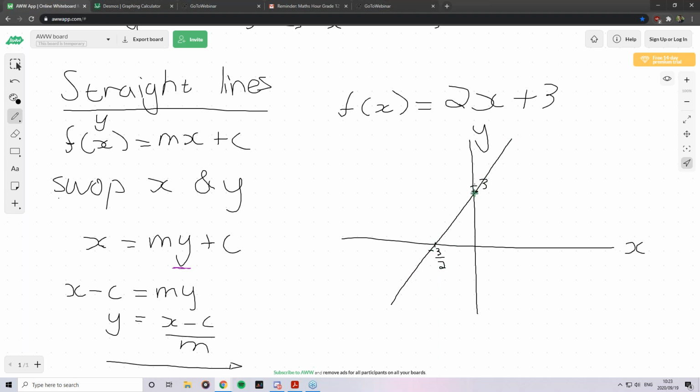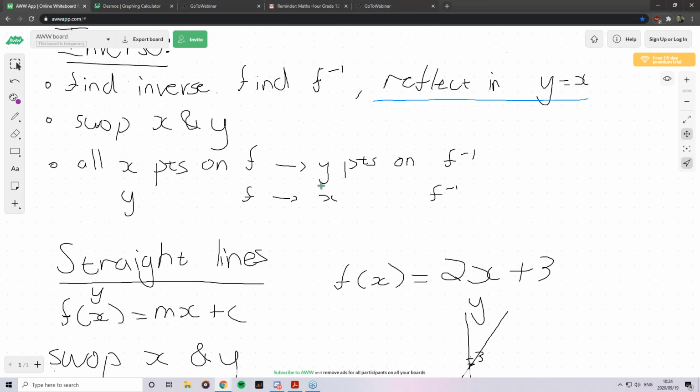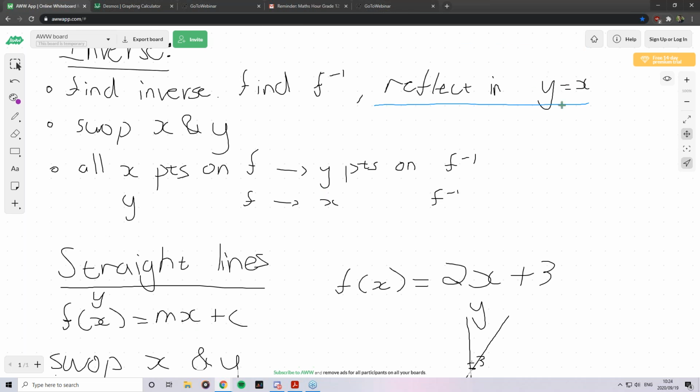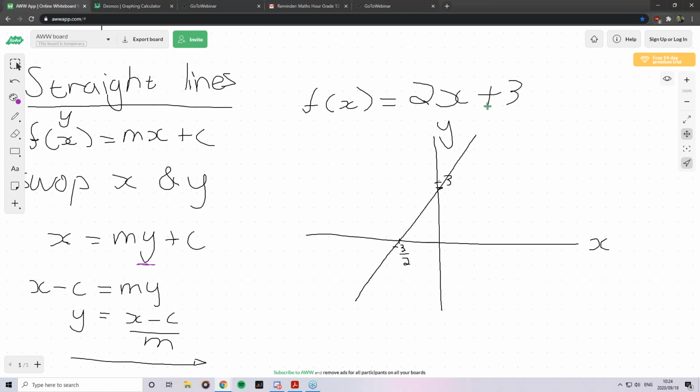Okay, so 3 here. Now, remember I said reflecting in the line y equals x. This is just a straight line. So we can actually show how that will look. We just have a line going right through. And this is our line y is equal to x.